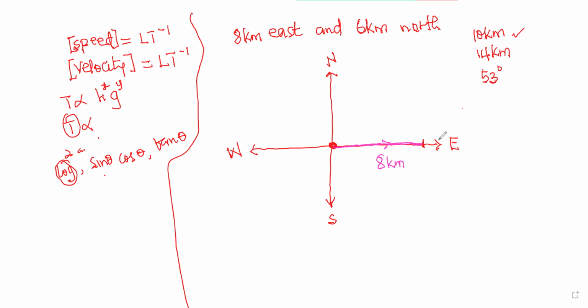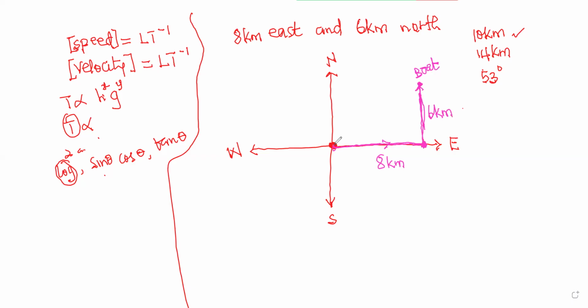Then it sails 6 kilometers due north. From where the initial displacement ended, this is the current position of the boat. The distance is 6 kilometers.